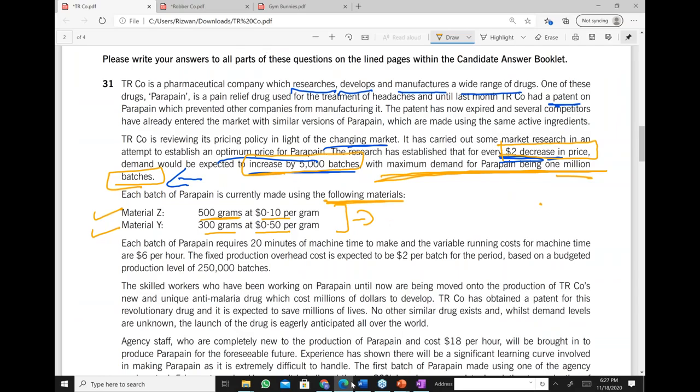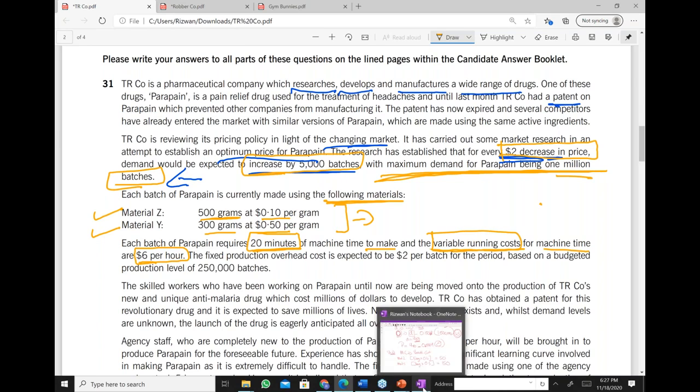Now, each batch of paraffin requires 20 minutes of machine time to make, and variable running cost for machine time is 6 per hour. Okay, so 20 minutes it requires of machine time, and the cost per machine time is 6. First of all, is this machine running cost a variable cost? Yeah, it says variable running cost, right? It's a variable cost.